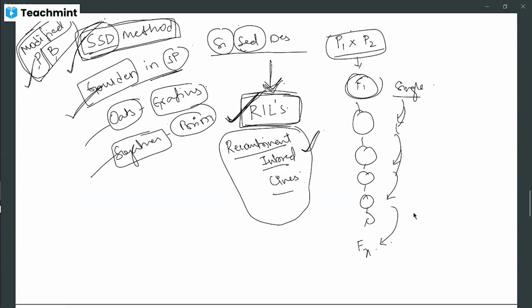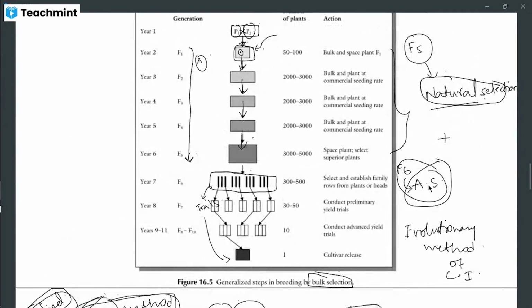But mostly both bulk breeding and pedigree breeding are similar, except that in bulk breeding you will be performing natural selection. That is, you just leave it to nature, and after F5, the fifth filial generation, you will start selecting from F6. That is what we saw here. Is it okay?